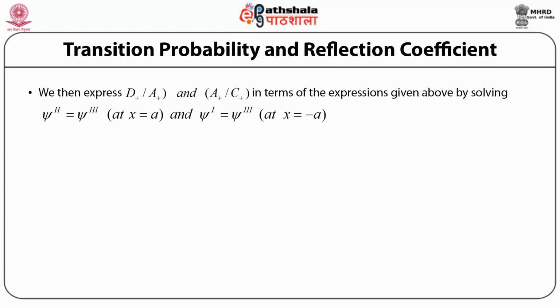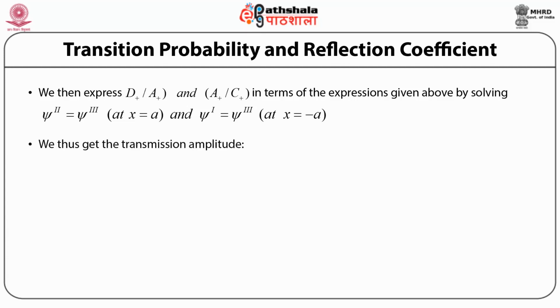We then express the ratios D plus by A plus and A plus by C plus in terms of the expressions given above by solving psi in region 2 equal to psi in region 3 at x equal to a, and psi in region 1 equal to psi in region 3 at x equal to minus a.